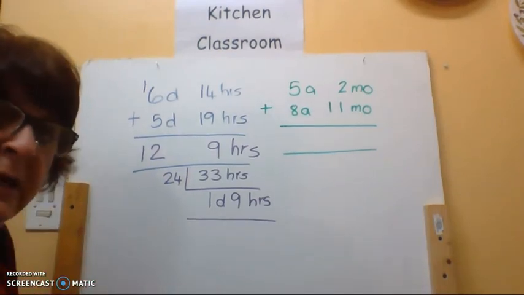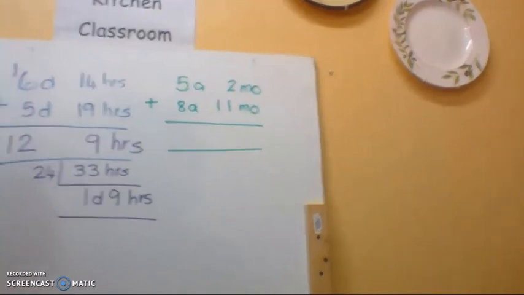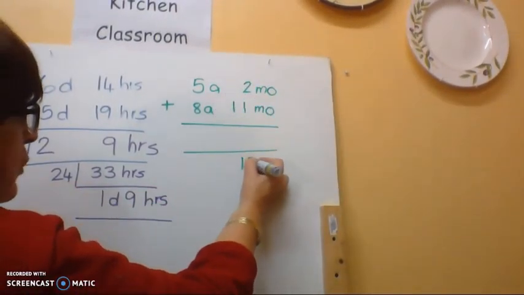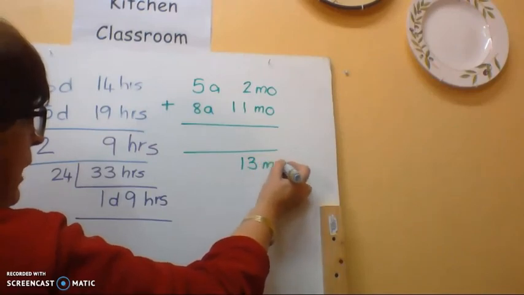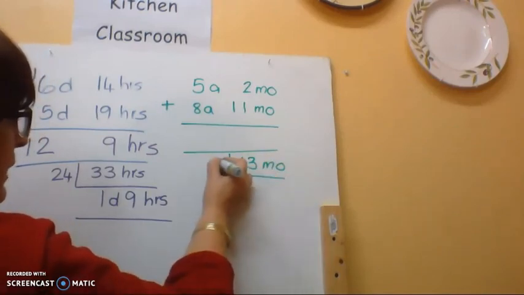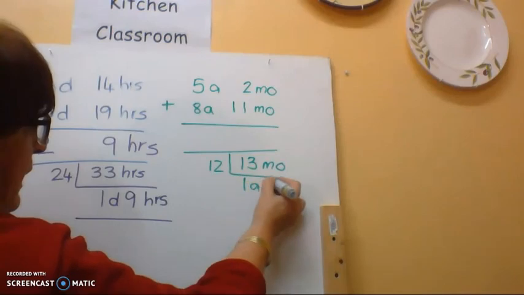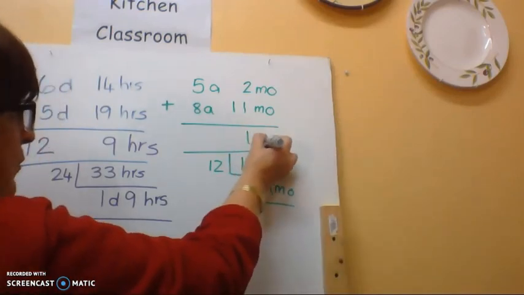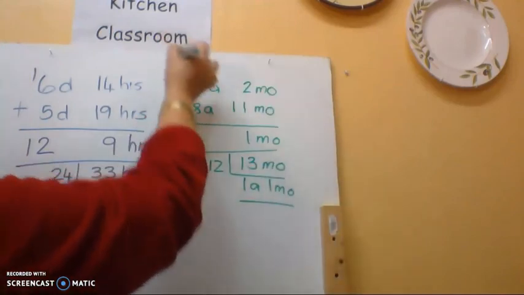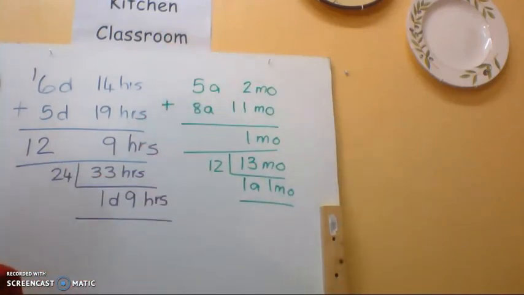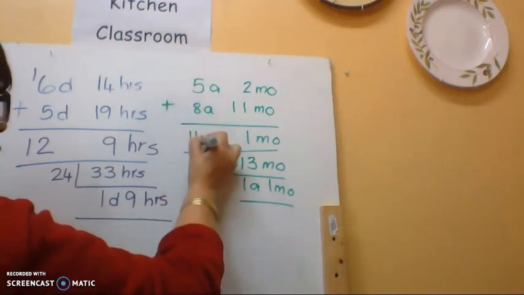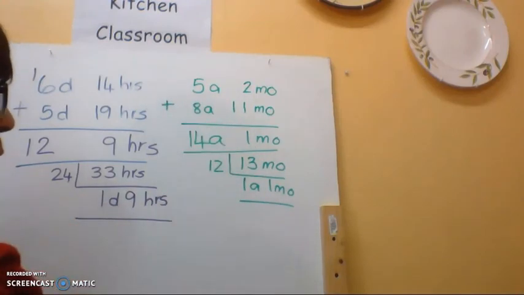So what am I saying now? I'm going to say 11 plus 2, we've got 13 months. Now, 12 months makes a year. So it's 1 year and 1 month. So I'm going to leave the 1 month over there, and I'm going to take the 1 year over. So 1 plus 8 is 9 and 5 is 14 years and 1 month.